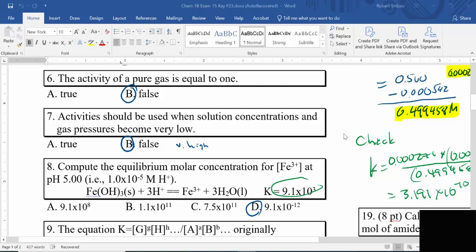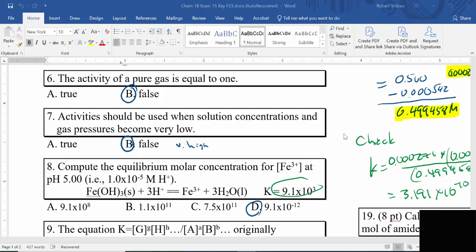Now, usually we use concentrations and pressures instead of activities because we're making the assumption that the gases in the solutions are behaving ideally. And the assumption that the gases in solutions are behaving ideally is best when the solutions are very dilute and gas pressures are very low.